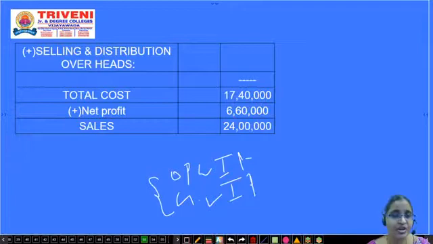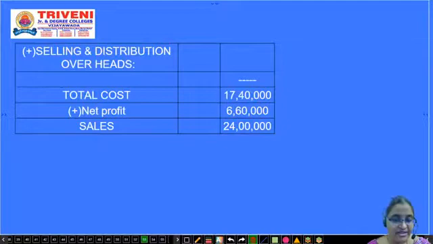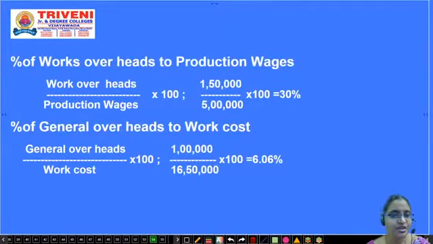Next, total sales was given. So with the help of the difference between the total cost and sales, you calculate the net profit, 6,60,000.